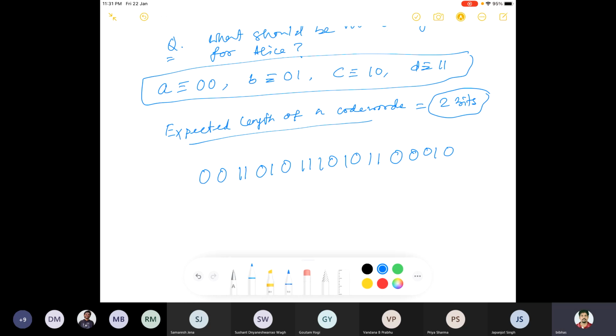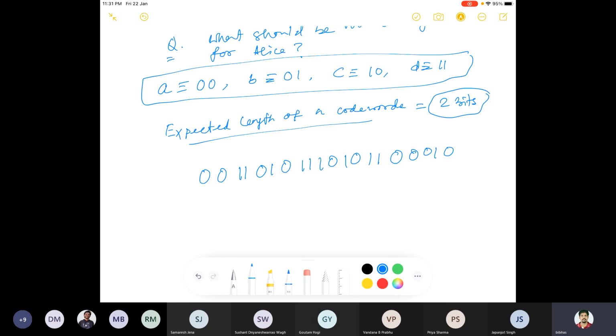Now see here, there is a confusion now. Can anybody tell me what was the message actually? Or is there any scope of confusion here?